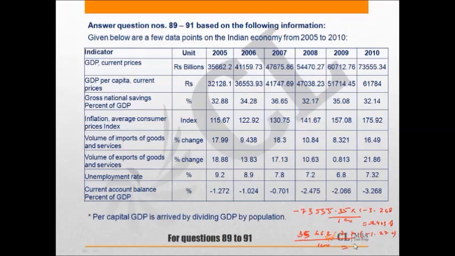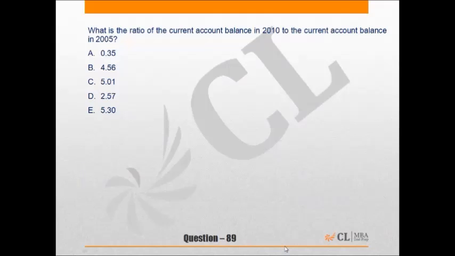It comes out to be minus 453.6. So the required ratio will be minus 2403.8 upon minus 453.6. This is approximately equal to 5.3, which is option E.